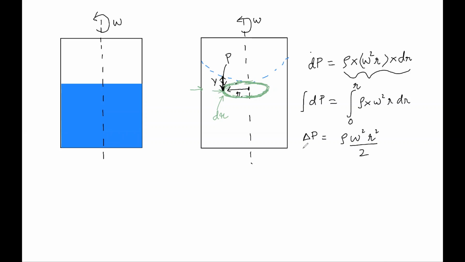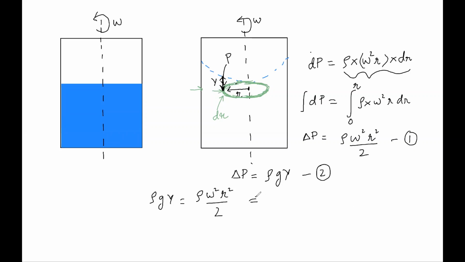So we can say in response to Pascal's law in the vertical direction, delta P can also be written as rho g into y. So if we compare these two equations, we can write rho g into y is equal to rho omega square r square by 2.